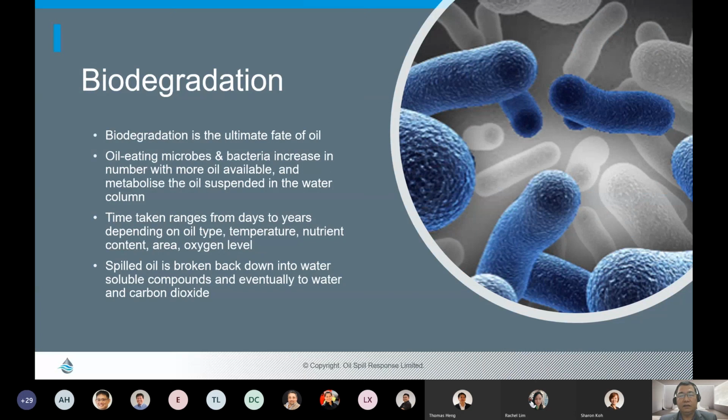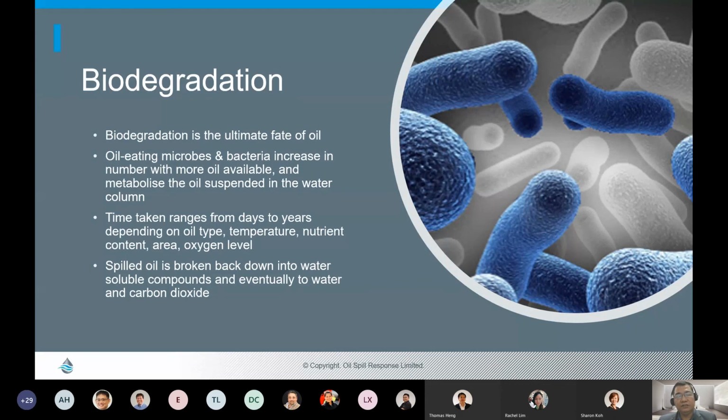And lastly, biodegradation, which is the ultimate fate of oil that we want. Biodegradation is when oil-eating microbes and bacteria increase in number with more oil available. So the bacteria are eating the oil, and it is food for them. When there is food, the bacteria thrive, and then they metabolize the oil suspended in the water column.